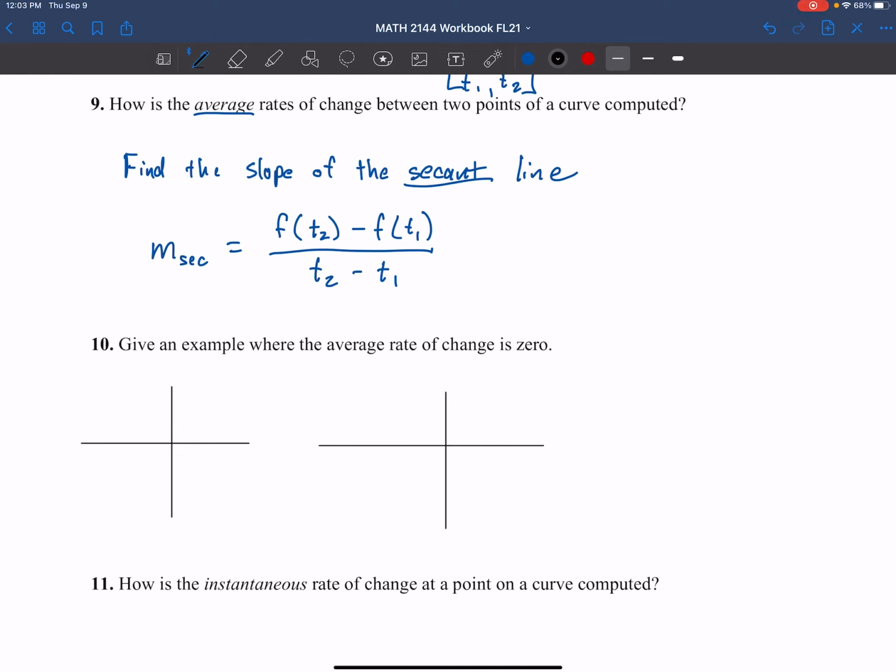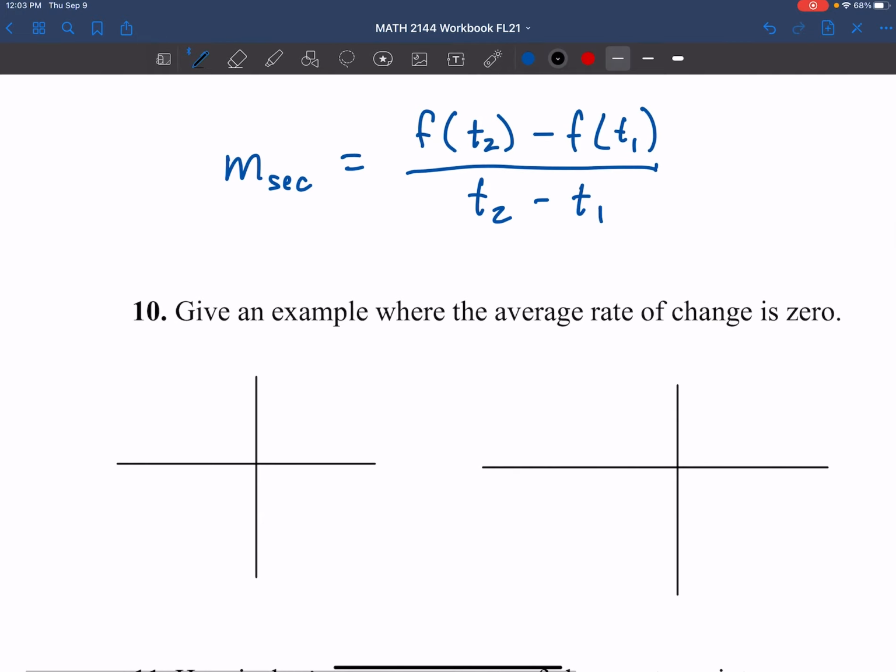Anyone have any idea, or can describe an example they thought about? A constant function is a perfect example. Take any constant function, f of x equals c. The average rate of change is indeed 0.